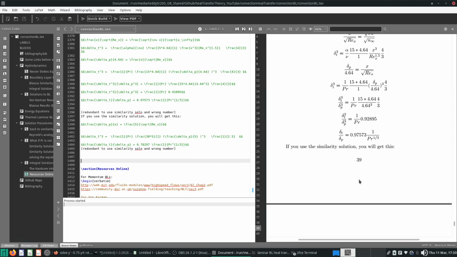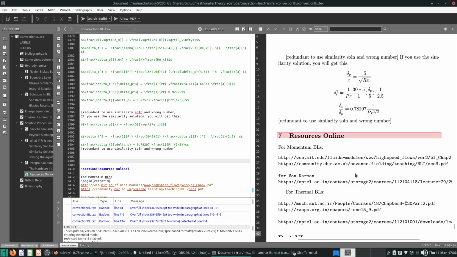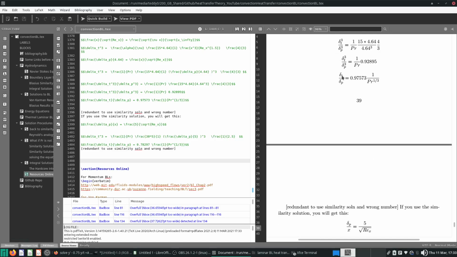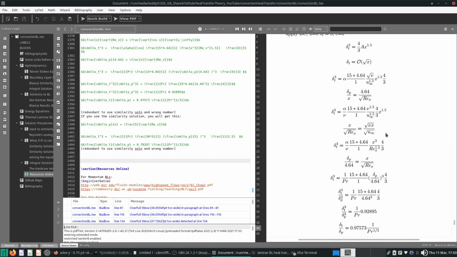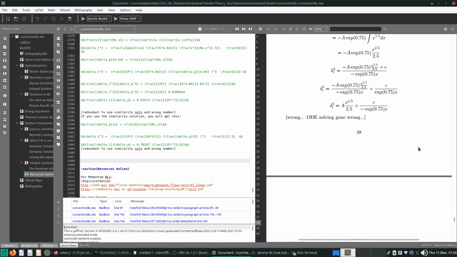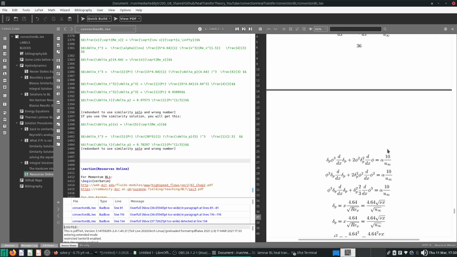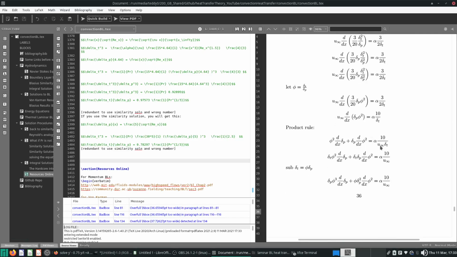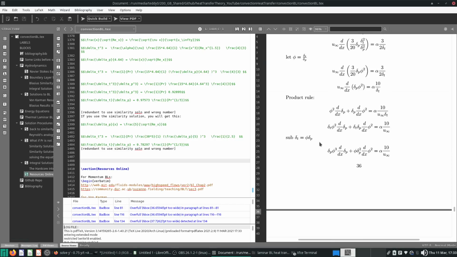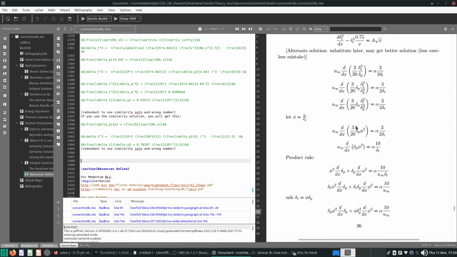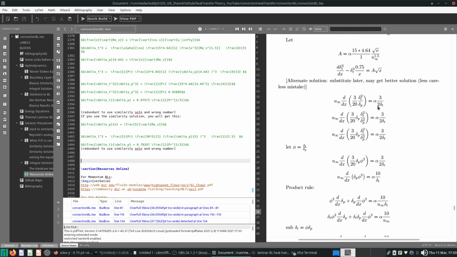Okay, so now that we have this, we know the Prandtl number scales, I mean the delta t over delta p scales as Prandtl number to the 1/3. Now the other thing is that from the Nusselt solution, there's this alternate method where you substitute the ratio of delta t over delta p.